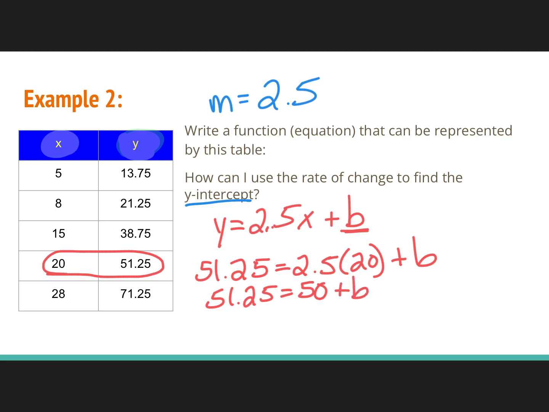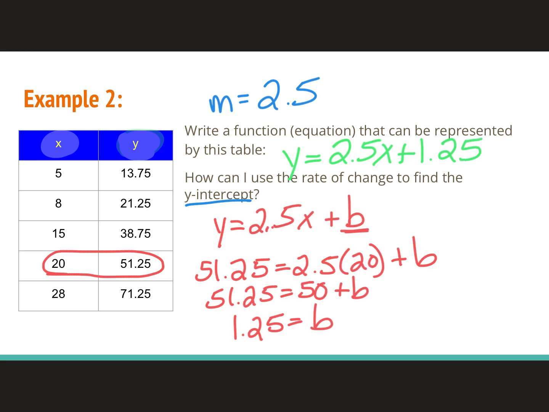If I subtract 50 from both sides, I get 1.25 equals b. Well, now I know what b is. I already knew what m was, so now I can write my equation. My equation is y equals, my m was 2.5, x plus my b was 1.25. And that's my equation. It's that simple.